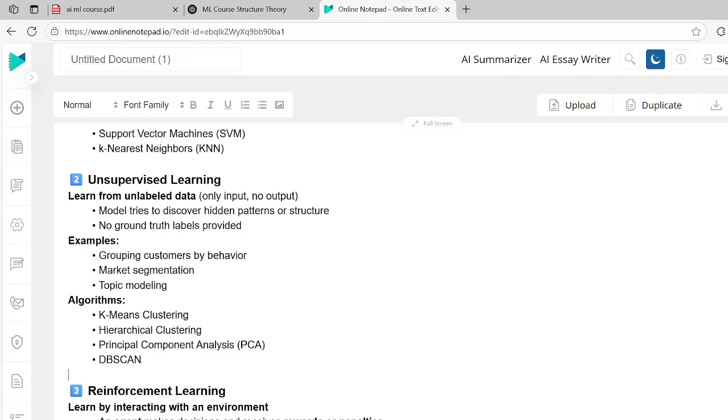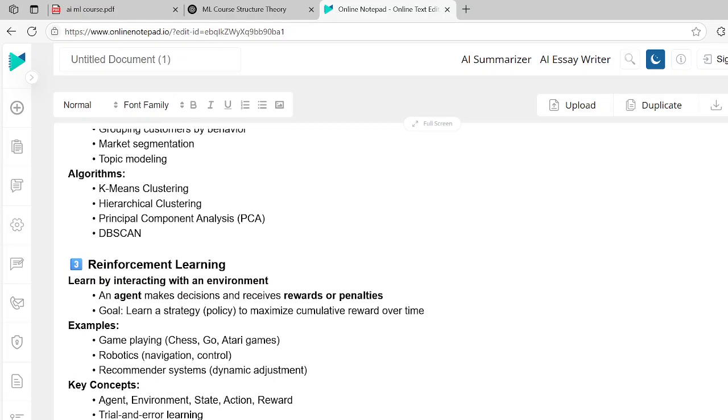Then we have market segmentation, we have topic modeling, and these are the basic examples to show you unsupervised learning. Then we have some algorithms that support it, which are k-means clustering, hierarchical clustering, principal component analysis, which is PCA. We have DBSCAN. These are some of the algorithms.